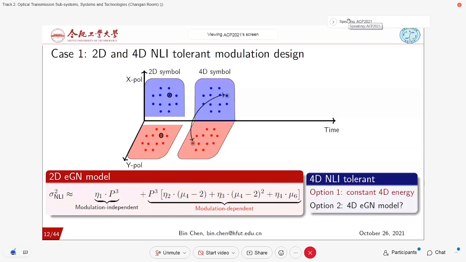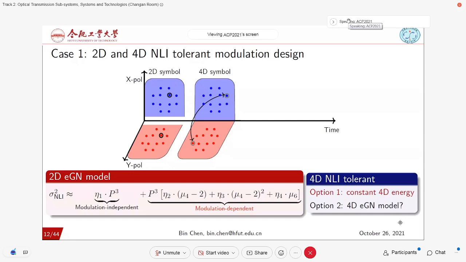But in 4D, now we have two options. First option is if we have a 4D EGN model, okay, we can just follow the same strategy to optimize the constellation. But unfortunately, currently we lack a good 4D EGN model.